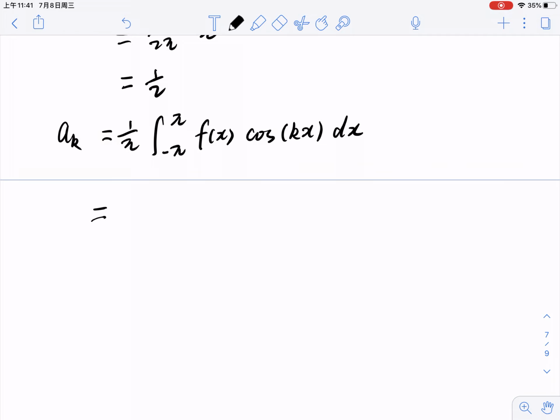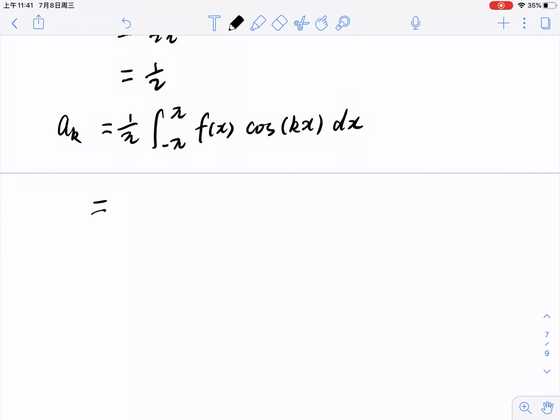We already know f(x) is 0 between negative pi and 0, so this integral is 1/pi times the integral from 0 to pi, where f(x) is 1, of cosine kx dx.